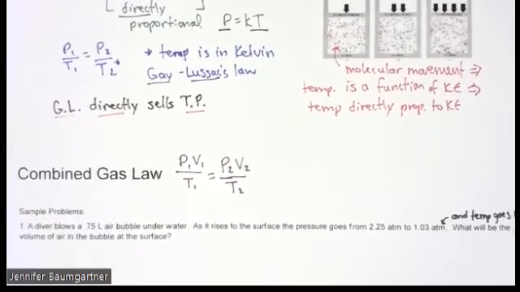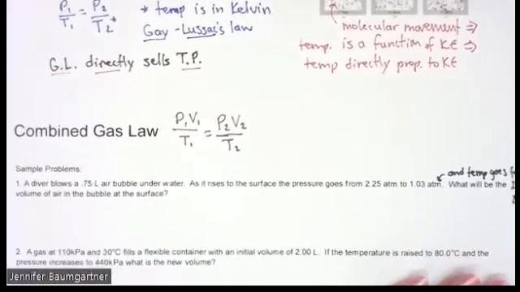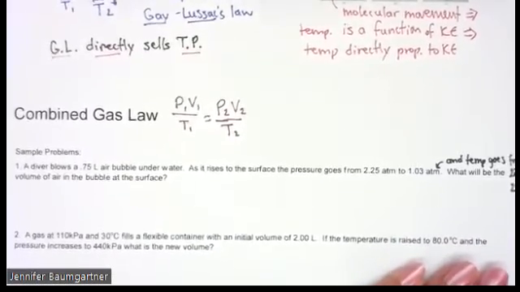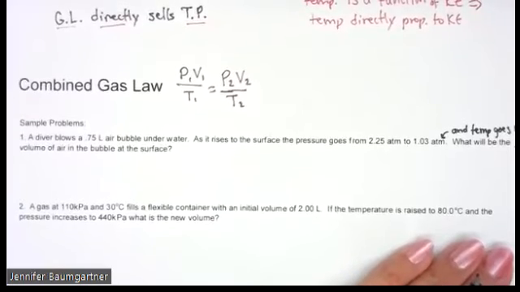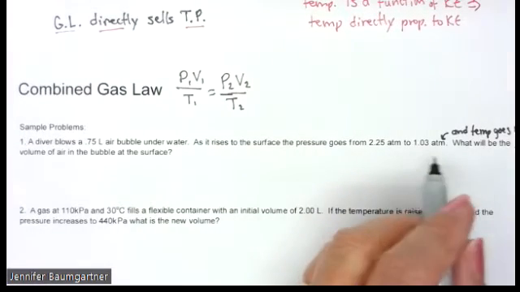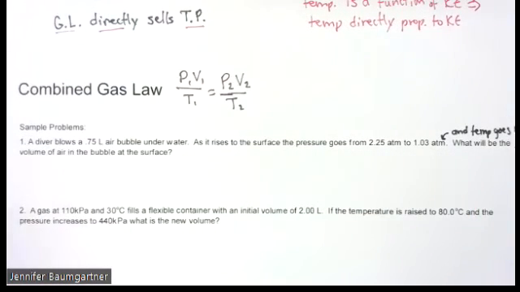Our first problem is a diver blows, let me rewrite this. This problem was modified. I don't have the modified version. In your version, it says a diver blows a 0.75 liter air bubble underwater.